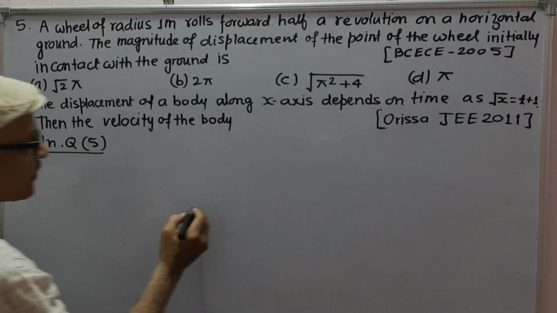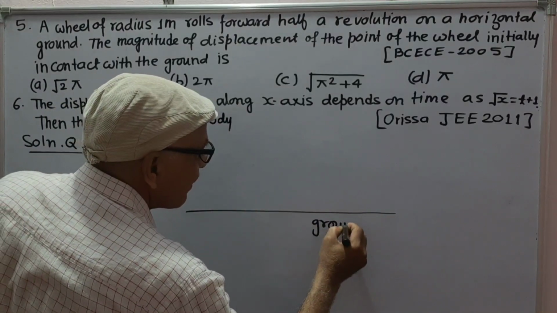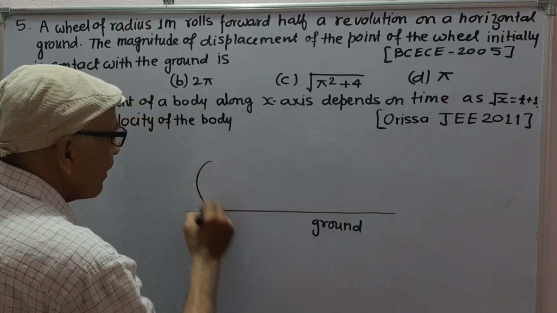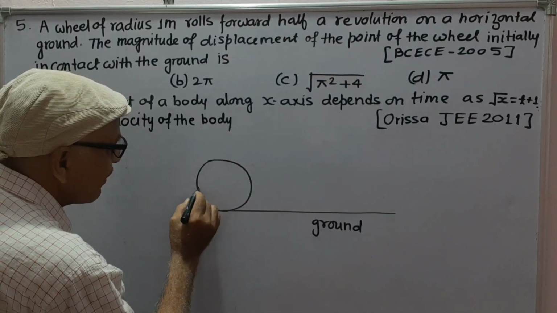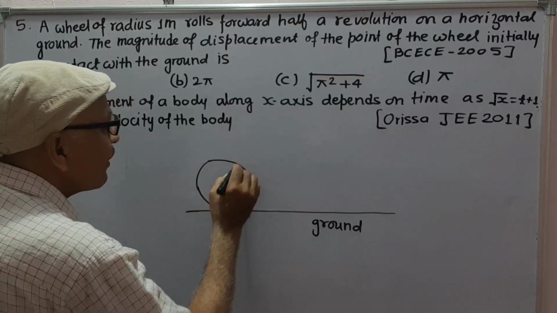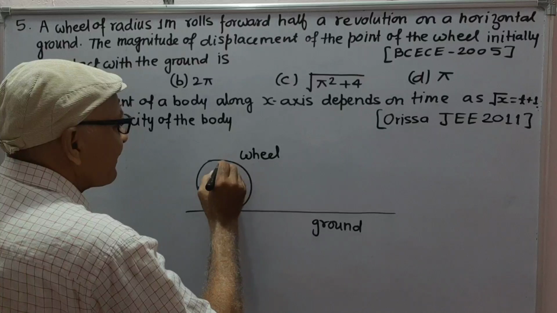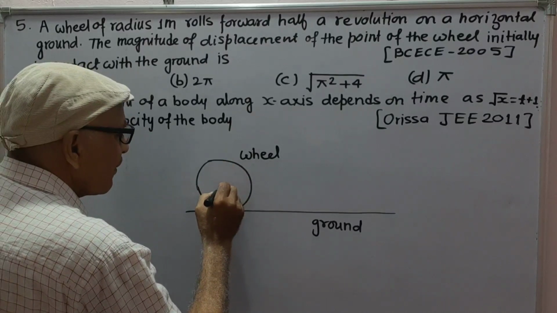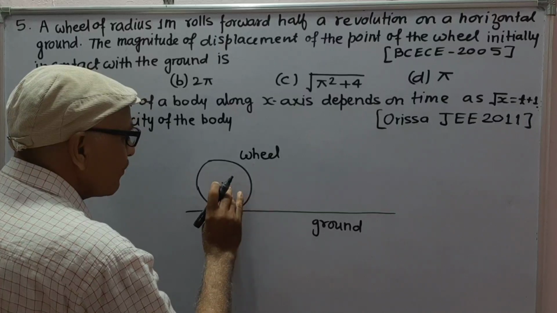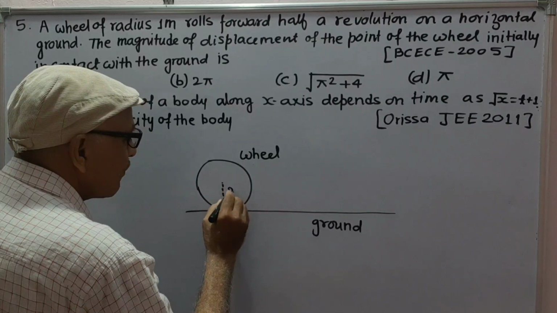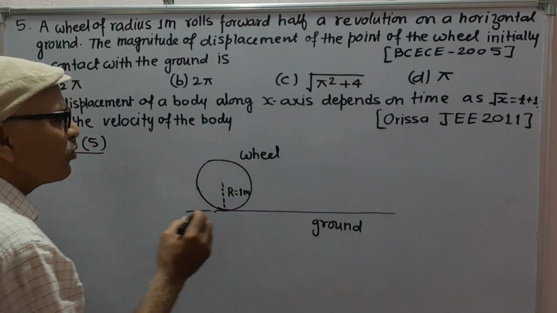Here, suppose this is ground, this is wheel, of radius 1 meter. So, diameter will be 2 meters.